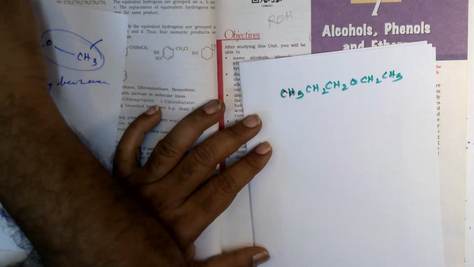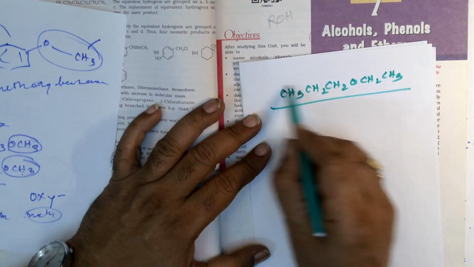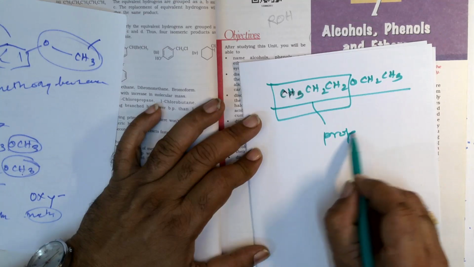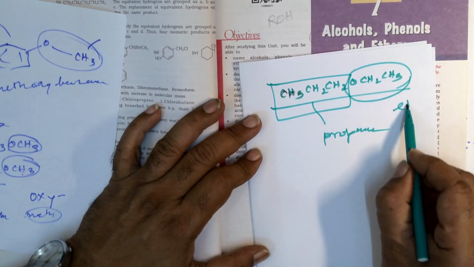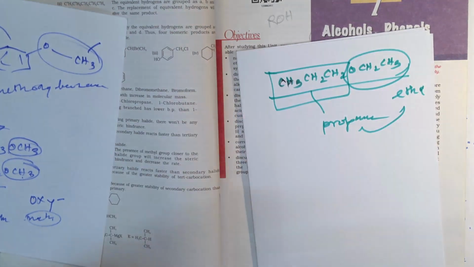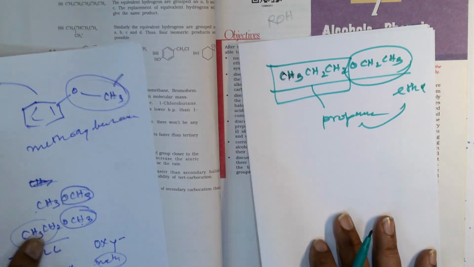What do you call this compound? This is the longest chain, that is propane. So it can be called ethoxypropane. So ethoxypropane is the IUPAC nomenclature for this. I hope now you should be able to understand this very clearly.